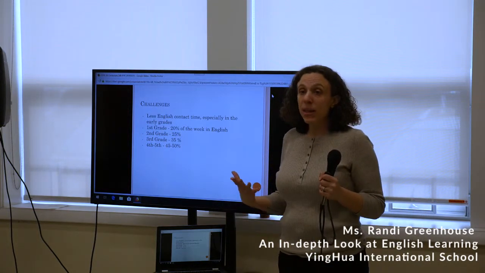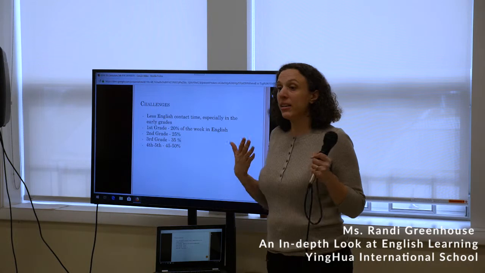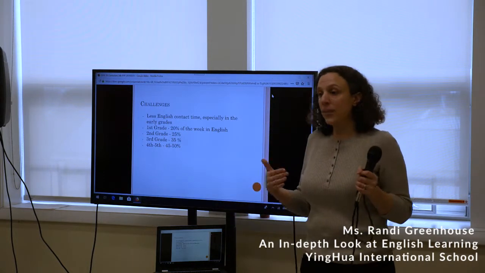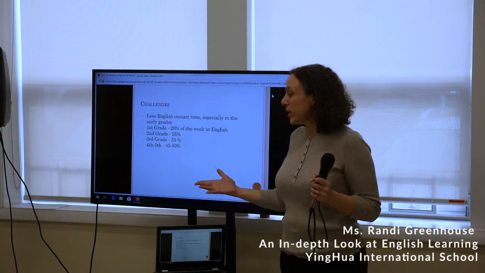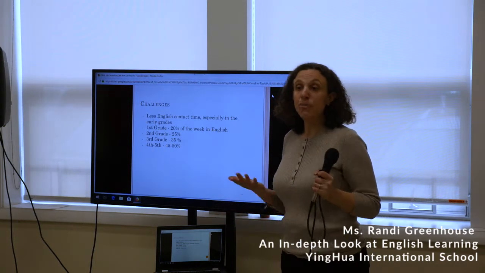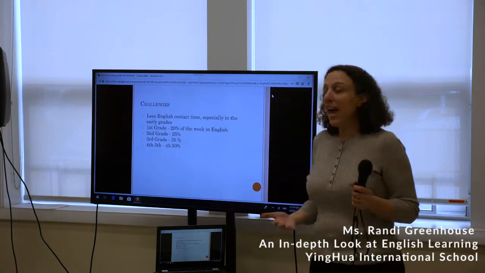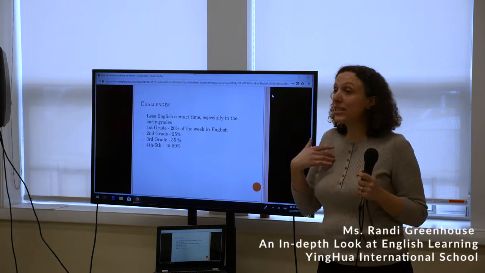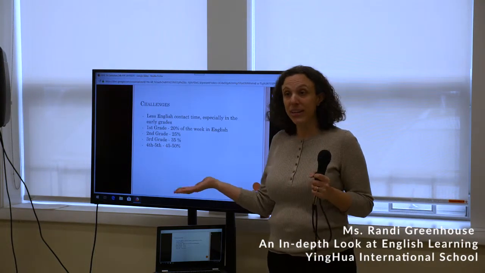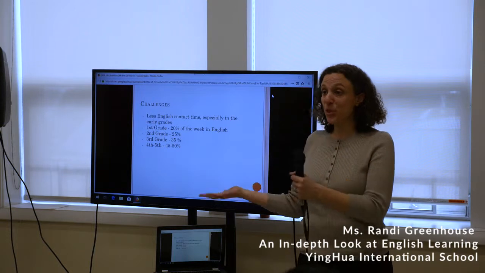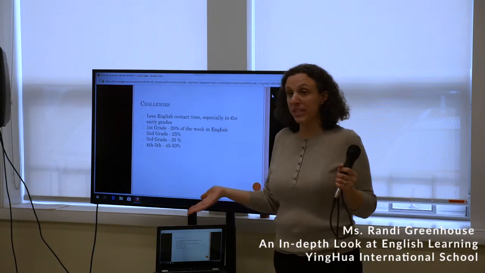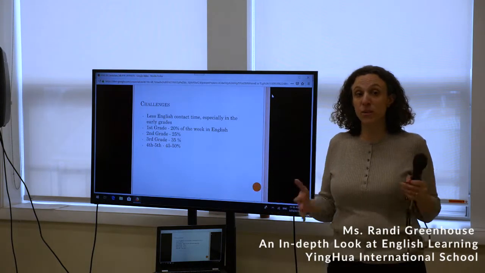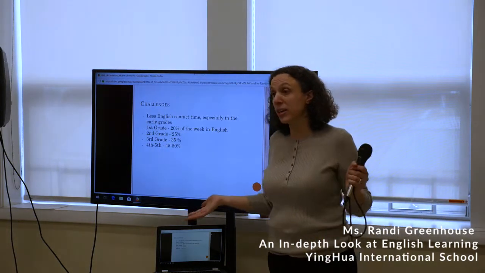So they do get less English contact time when they're younger. And the teachers try to make that up in as many ways as we can. And because I teach 6th and 7th grade here, I have students who have gone through, and I can compare them easily to the kids who I taught in West Windsor, and they're very similar.